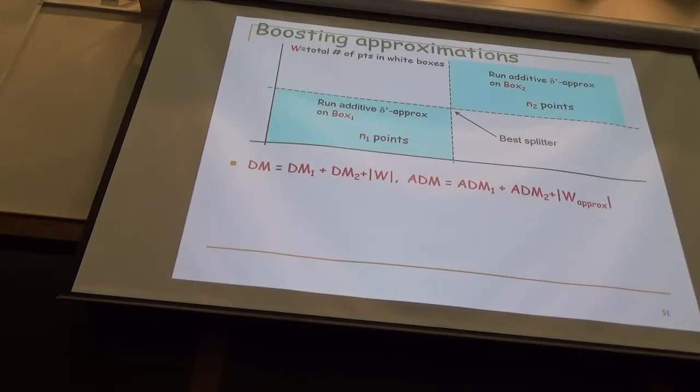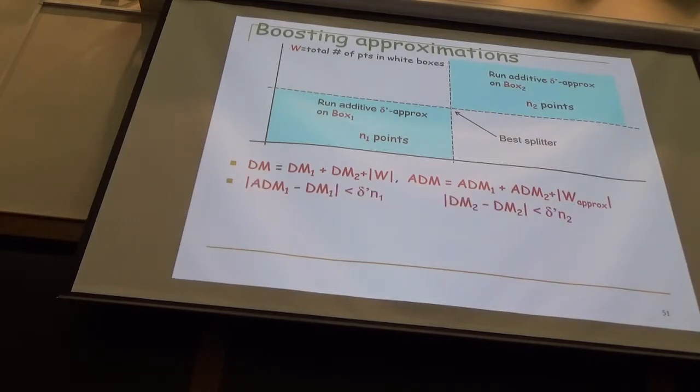So the distance to monotonicity overall is the distance in box 1 plus the one in box 2 plus the white points, the W points. And your approximation is the approximation in box 1 plus the approximation in box 2 plus the approximate number of W. And you're going to approximate W by a random sample. Okay, so W approx will be a pretty good approximation.